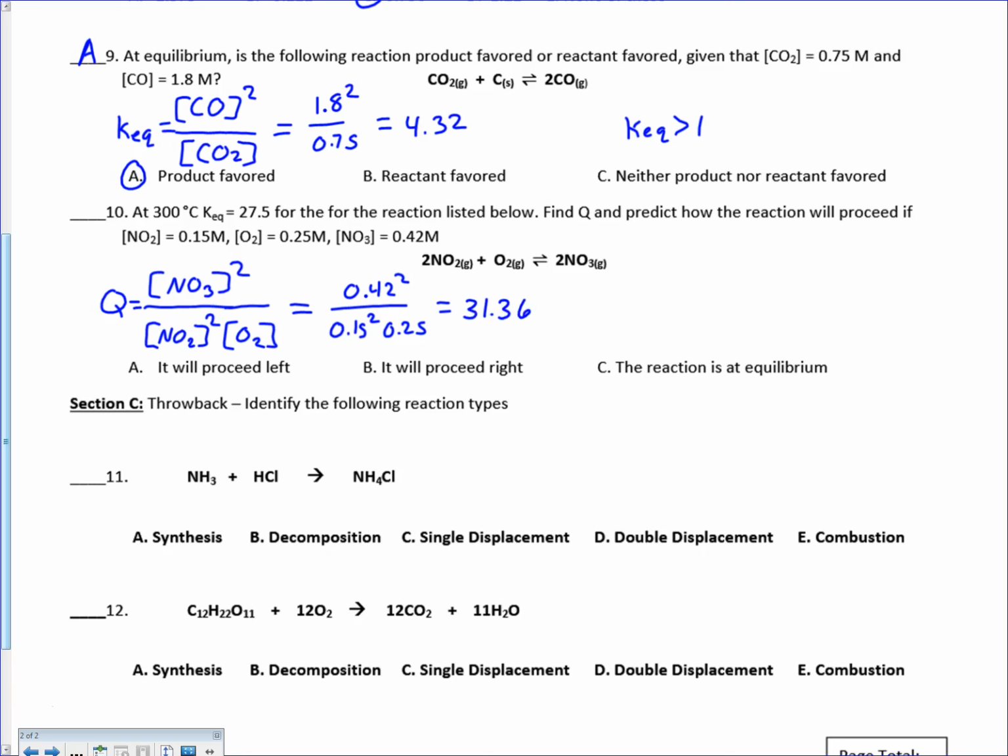Okay, and then this is the payoff here. We're comparing Q to Keq. In this case, Keq is 27.5. And so we see here that Q is greater than Keq. If that's the case, that means we have too many products, not enough reactants. So the reaction is going to proceed to the left, which is A.